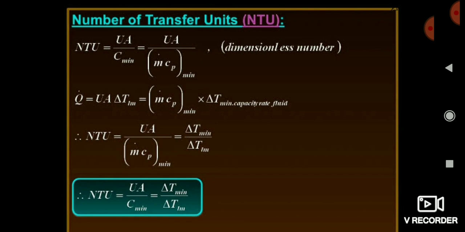So while calculating the amount of heat transfer, we will consider the log mean temperature difference. And friends, one more method to calculate the NTU is delta T minimum divided by delta T LM, means minimum temperature difference divided by log mean temperature difference. So all these relations, I think all of you should remember. They are very useful in upcoming questions.